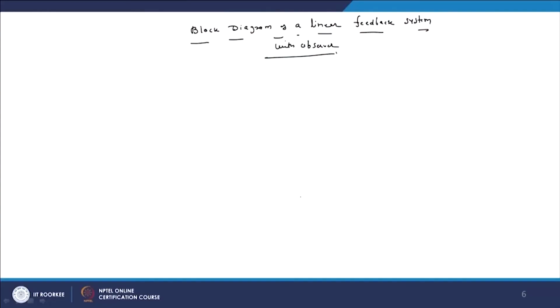Now, first of all, we draw the system. The states of the system are called x dot. So, here is the integrator, x dot, here is x, here is matrix A. Now, here is C, and here is output y.